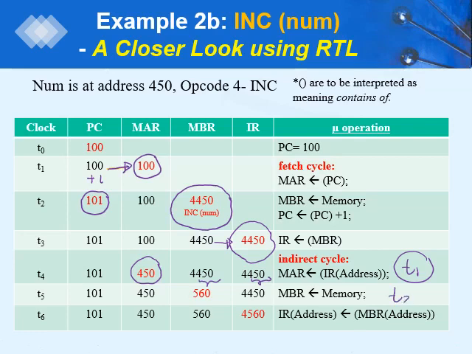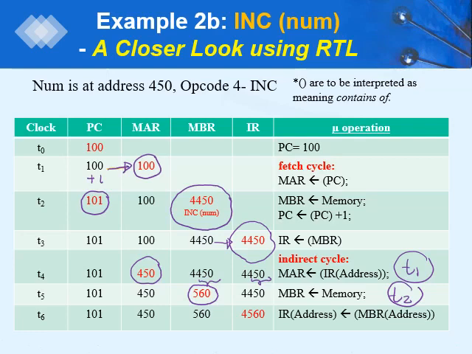At T2 of the indirect cycle, we go to the memory, we go to address 450, and we see what the content is. That content is 560, and that will be put inside MBR.